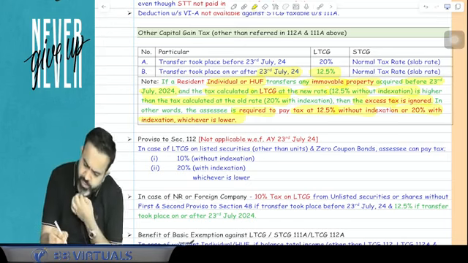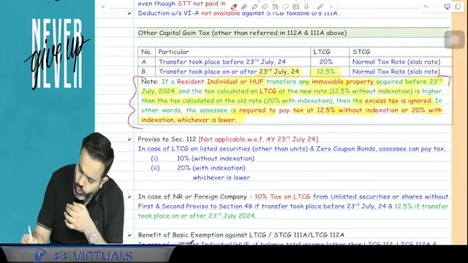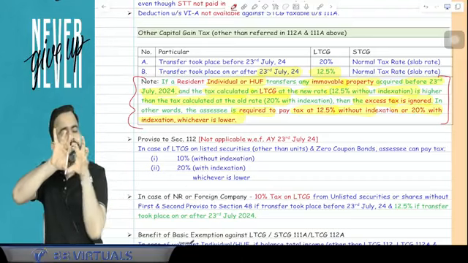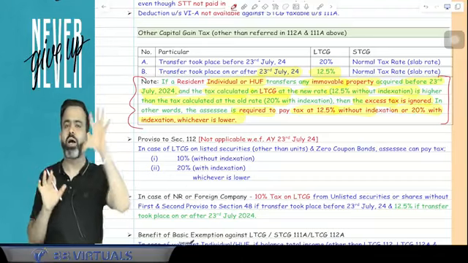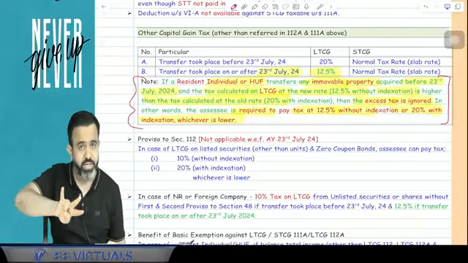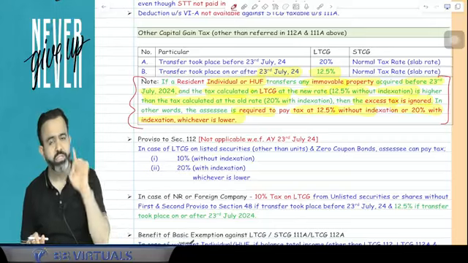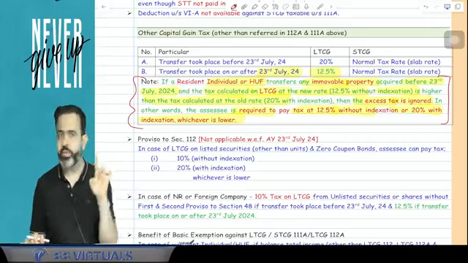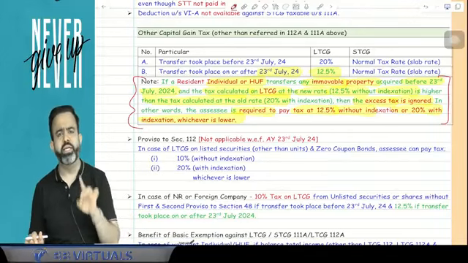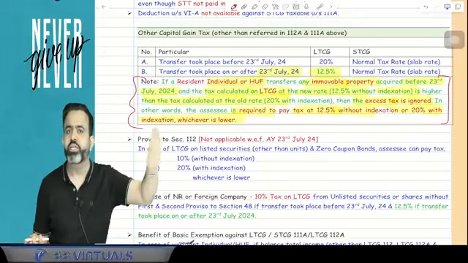But guys, this amendment, this proviso, this note is added in section 112, means only at the time of calculating tax you have to check 12.5% without indexation or 20% with indexation. It means for computation of tax liability, you have to always ignore the indexation.